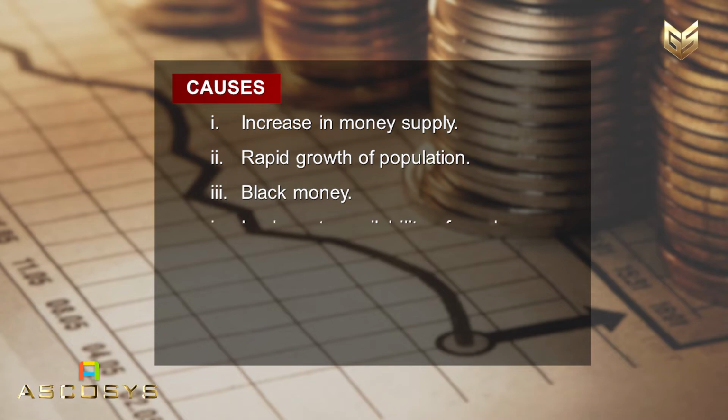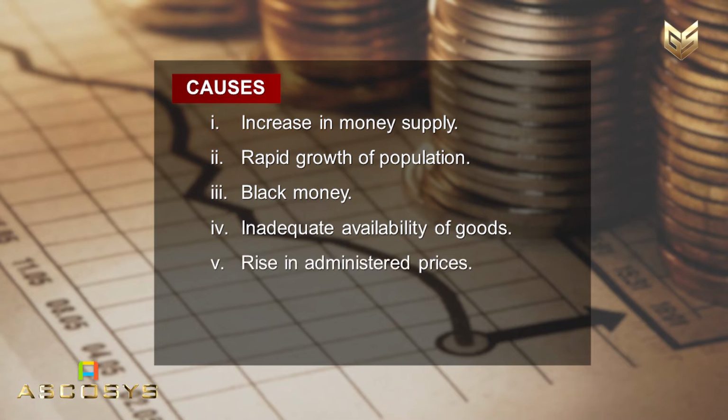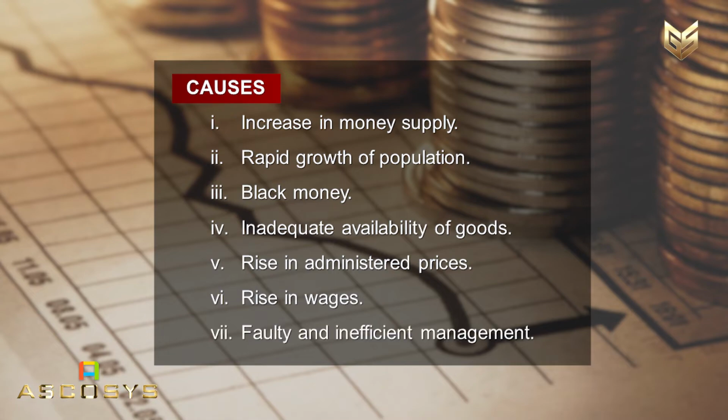Next point, inadequate availability of goods leads to inflation. Rise in administered prices also leads to inflation. Rise in wages is another cause of inflation, and faulty and inefficient management of any economy also leads to inflation.